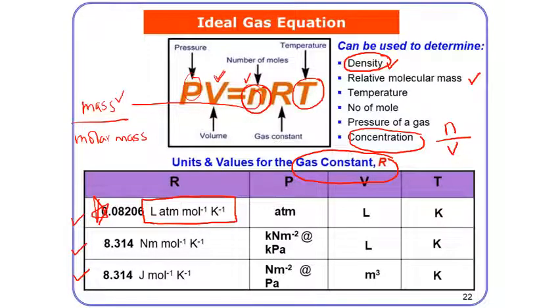Because we always use this value of the gas constant, when we substitute values into PV equal to nRT, we have to make sure the unit of pressure is always in atm, atmosphere, the unit of volume is always in liter, and the temperature is always in Kelvin.